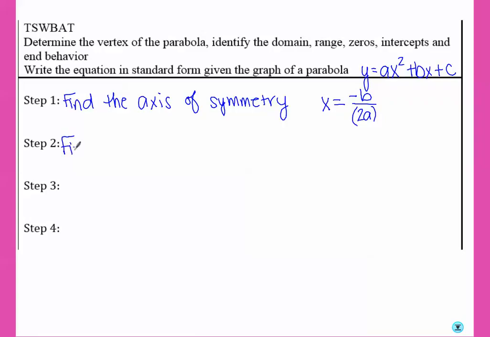Next, we're going to find the vertex. If you recall from vertex form, whatever number the axis of symmetry is at, that's also the x value of the vertex. And then to find the y value, we're going to plug in this x value to our original equation.